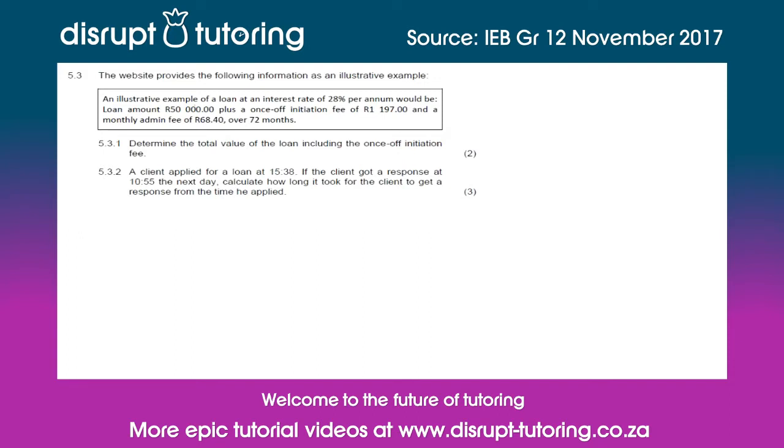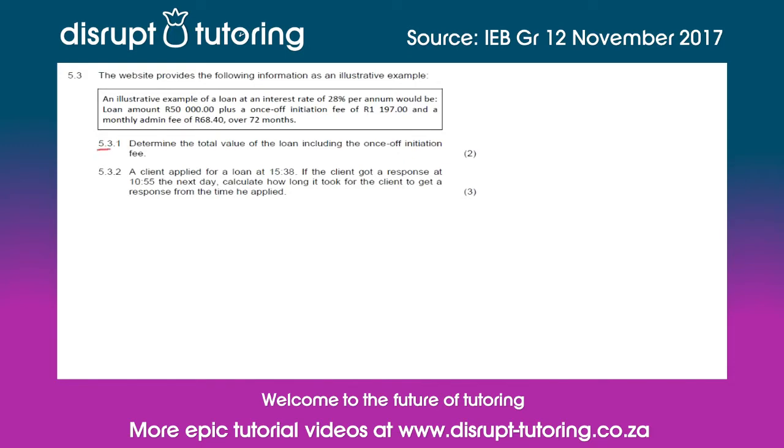An example of a loan at an interest rate of 28% per annum would look like this: loan amount 50,000 Rand plus a once-off initiation fee of 1,197 Rand and a monthly admin fee of 68 Rand and 40 cents over a 72-month period.